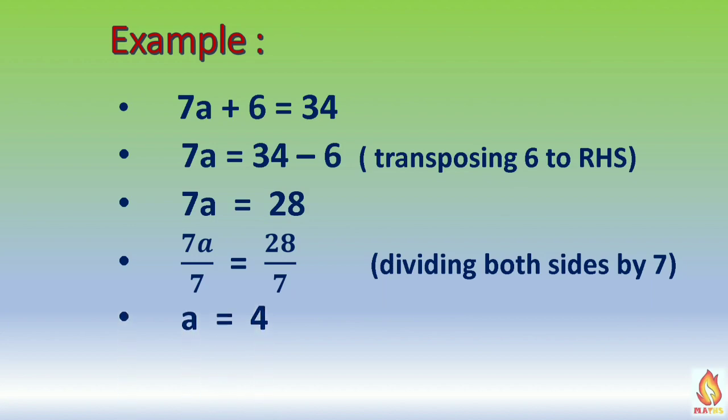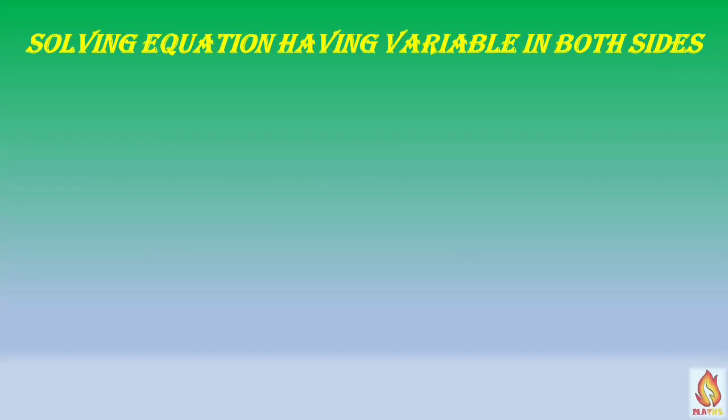Now a equals 4. 7a divided by 7 and 28 divided by 7. 7 is divided on both parts, both LHS and RHS. Now a is 4, that means the value of a is 4.